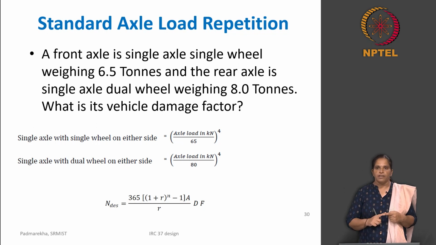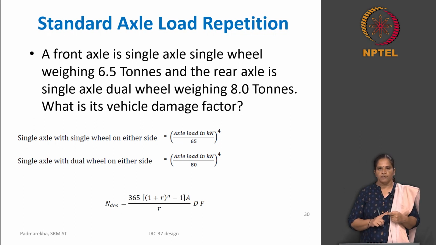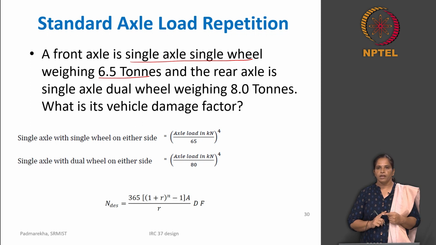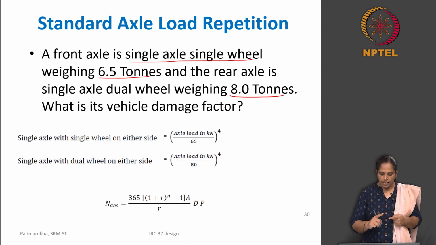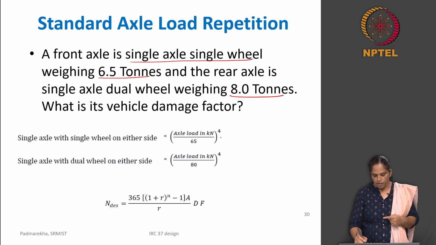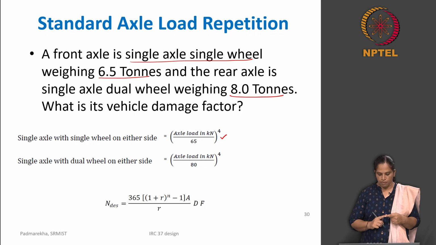For example, suppose the front axle of a vehicle is a single axle single wheel type and weighs 6.5 tons, and the rear axle is a single axle dual wheel type and weighs 8 tons. What will be its vehicle damage factor? It is only one vehicle here. The front axle is a single axle single wheel, so its equivalency factor will be axle load in kilonewton divided by 65, raised to the power 4.